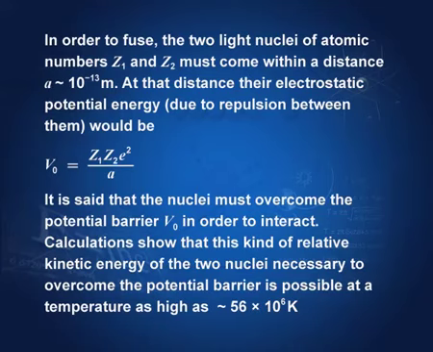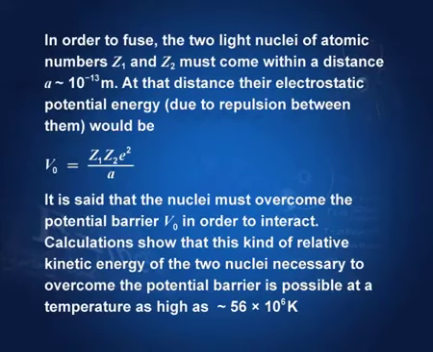At this distance, their electrostatic potential, we have two charges Z1 and Z2 to make the argument general, the potential energy then becomes Z1 Z2 e squared divided by a, where a is the distance equal to 10 to the power minus 13 meters. So that is the potential energy between the two protons.